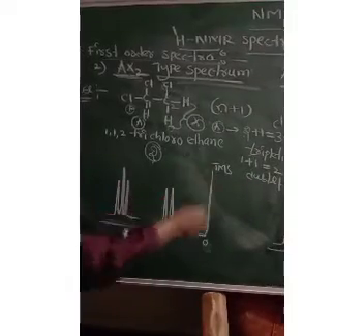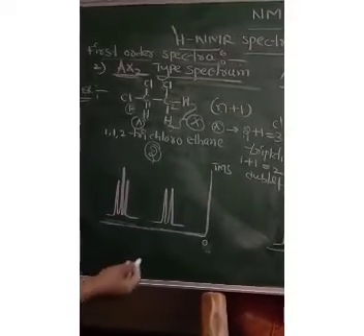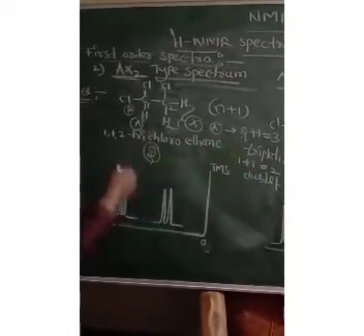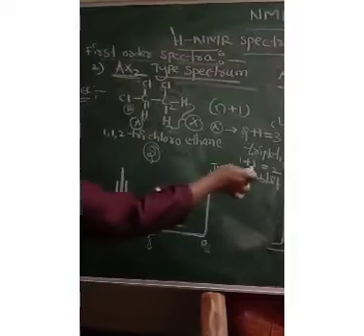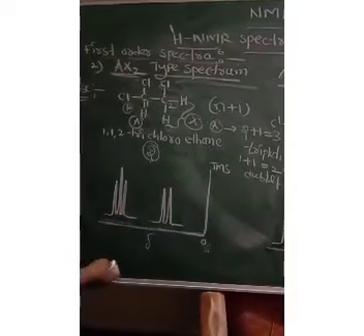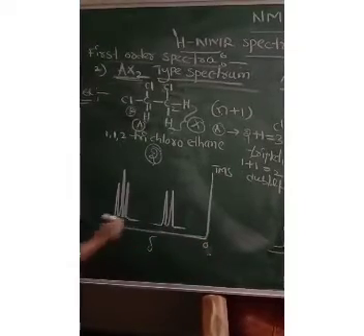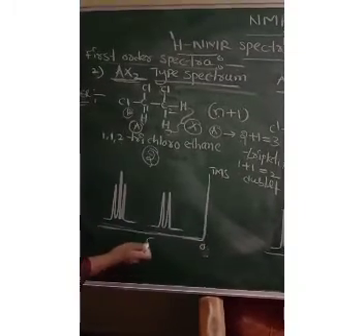Let us see this spectrum. One is the triplet, another one is the doublet. The triplet is at the highest chemical shift value, and the doublet is at the lowest chemical shift value. Here is the TMS, and the chemical shift values go from lower to higher.